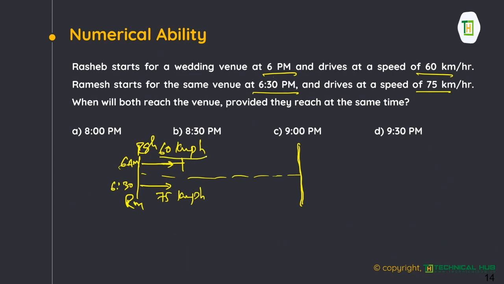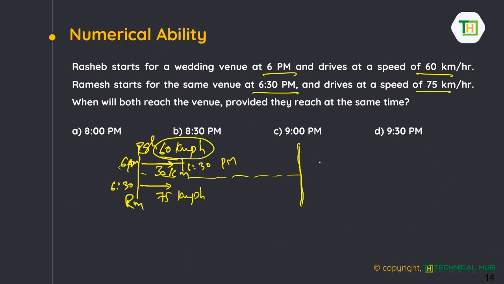In 1 hour, Rushdie covers 60 kilometers, so in half an hour, 30 kilometers. Exactly at 6:30 p.m., the distance between Rushdie and Ramesh is 30 kilometers.